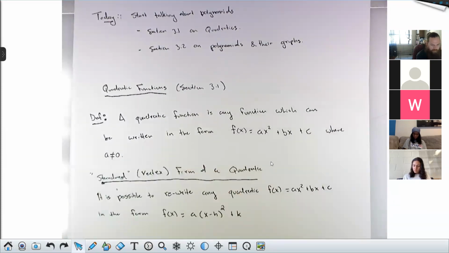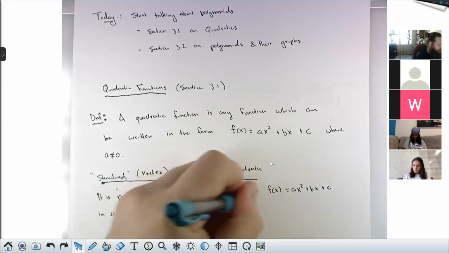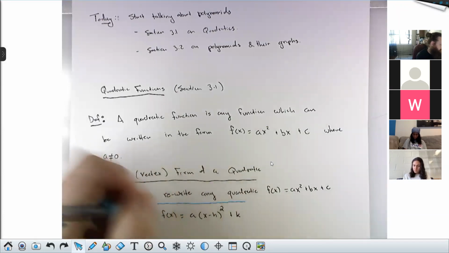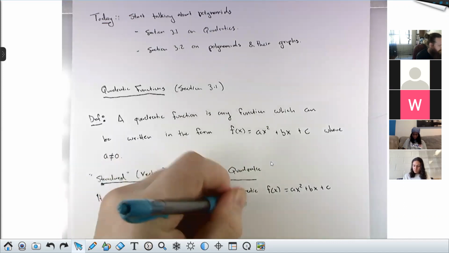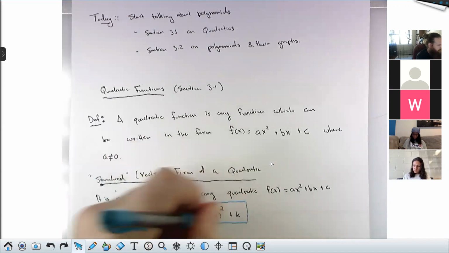And this is what your book calls the standard form. However, most people know this as the vertex form because of its connection to the graph and an important feature on that graph.